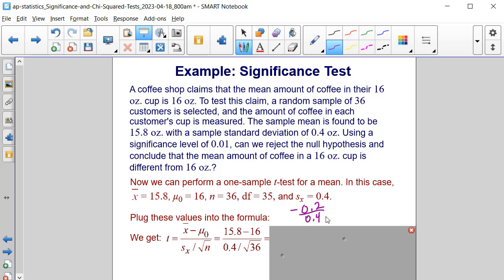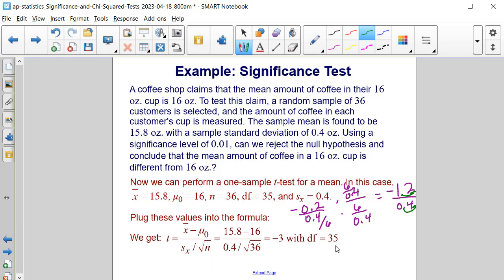And then because we have a fraction in the denominator, we can multiply both the numerator and denominator of our bigger fraction by the reciprocal. So that's 6 over 4/10. And when we multiply that, we will get negative 1 2/10 over 4/10. And then if we multiply both the numerator and denominator by 10, it'll become negative 12 over 4, which equals negative 3, with the degrees of freedom of 35.